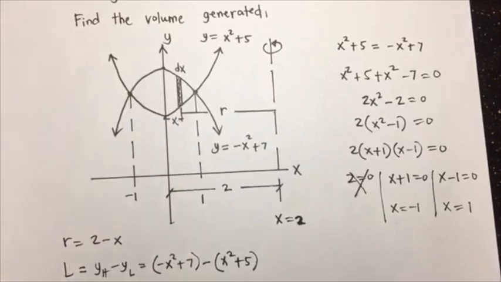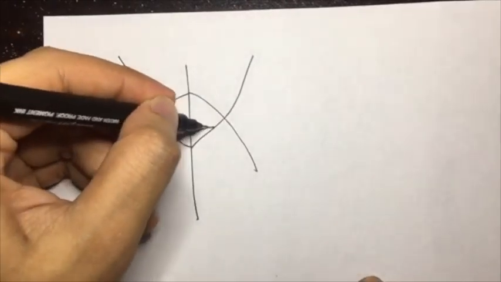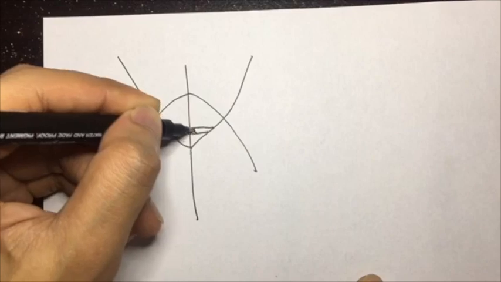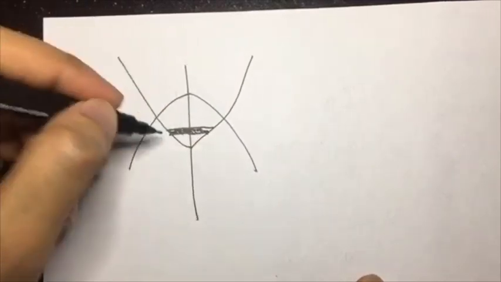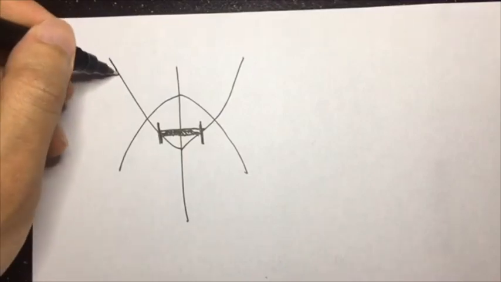But the problem with using a horizontal strip is that you have the parabola like that, upwards and then downwards. When you use a horizontal strip, as you can see, the right end and the left end of the strip are defined by the same curve.